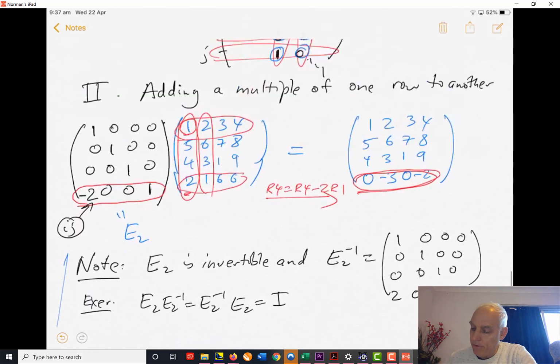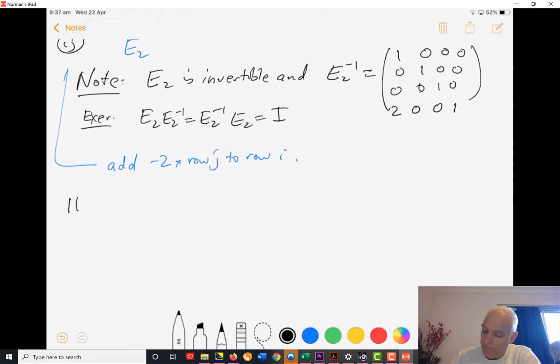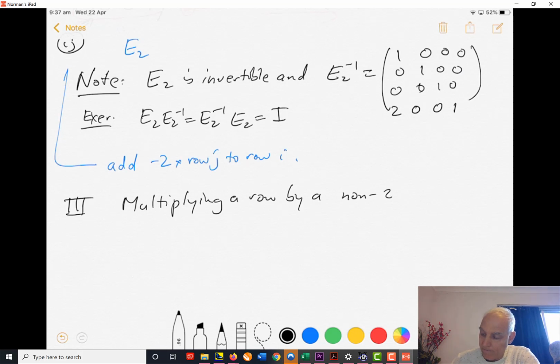And our third kind of row operation is perhaps the simplest one: multiplying a row by a non-zero scalar.